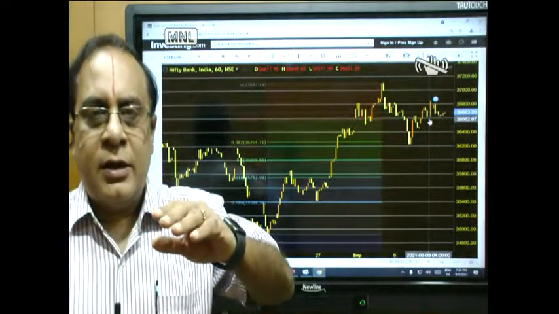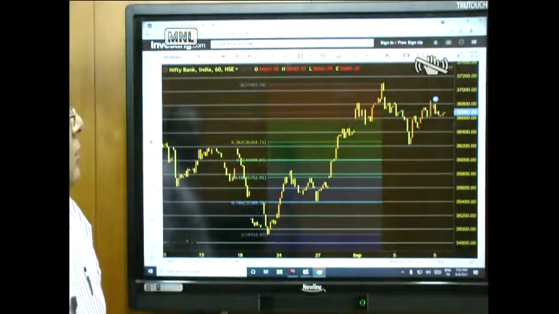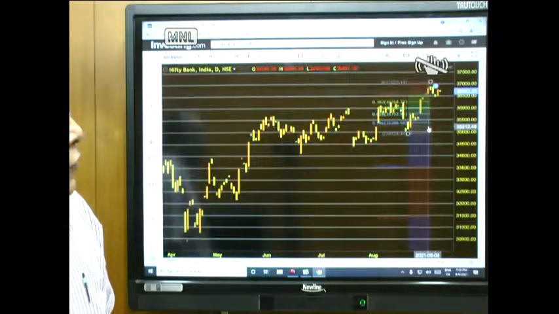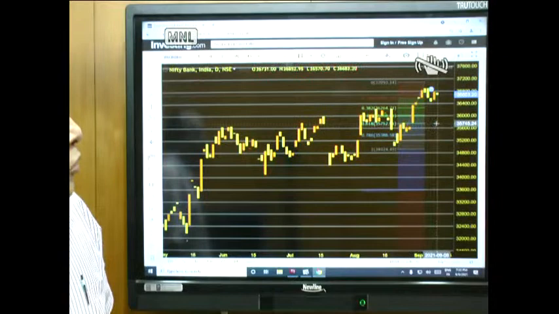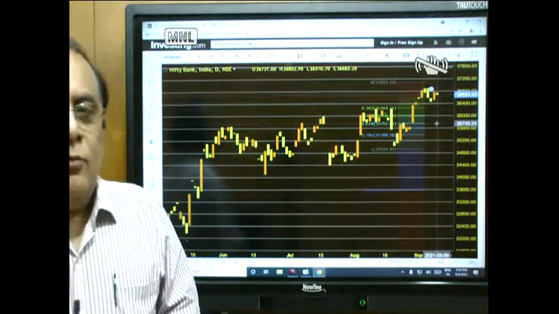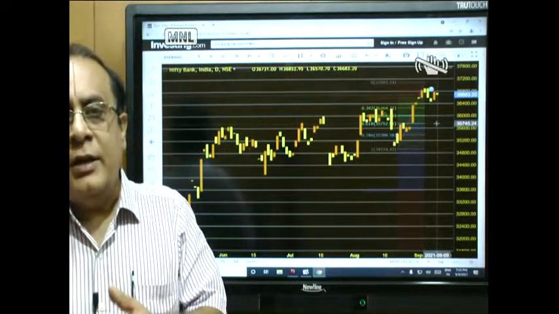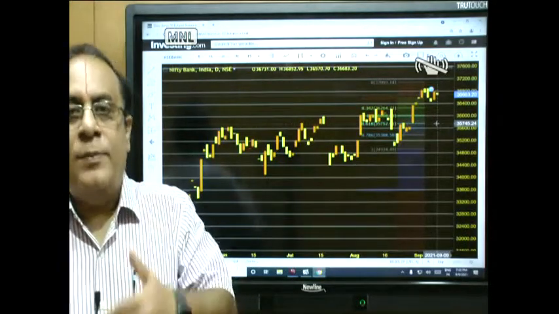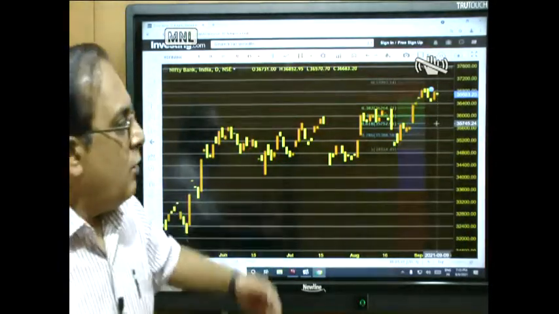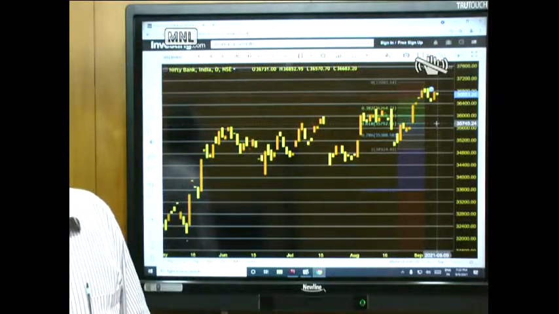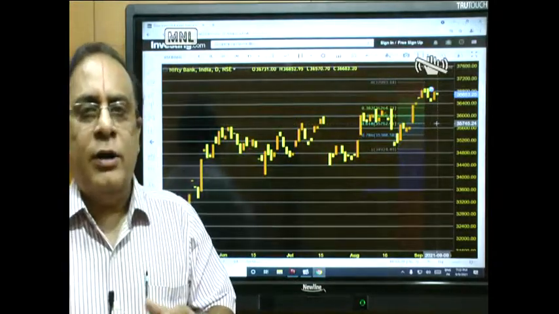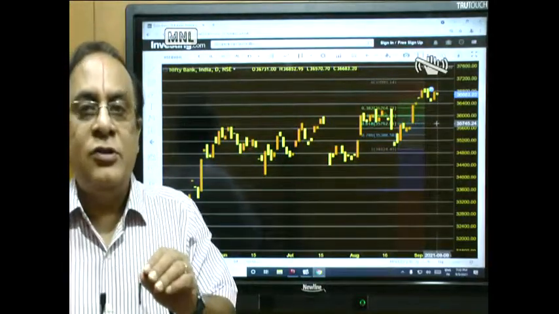Looking at the daily chart, if it starts moving below today's low, which is 36,570, it will give an impression that it is forming a lower top, lower bottom, or at least a lower top will be in place. In order to avoid this, we should see Bank Nifty try to hold above the 36,570 levels. So what is very important is that the 36,570 levels should hold.